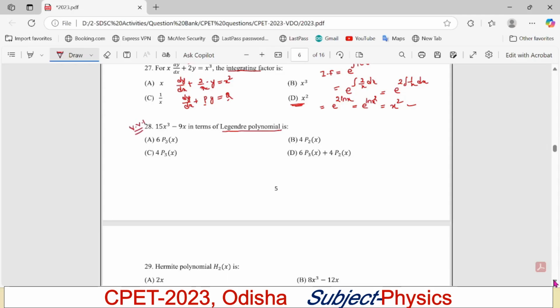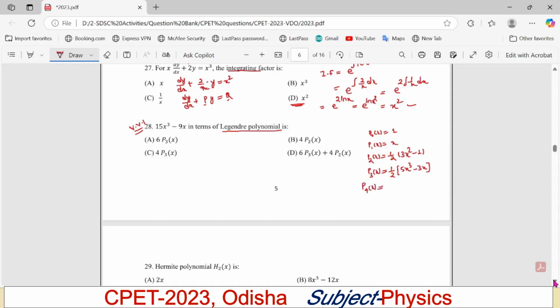For that I suggest that you remember at least 4 Legendre polynomials. P0(x) is your 1, P1(x) is your x, P2(x) equal to 1 by 2 (3x square minus 1), P3(x), at least these 4 you have to remember, very useful, 1 by 2 (5x cube minus 3x).